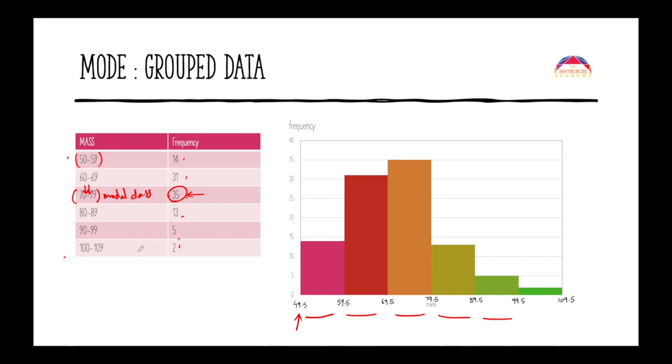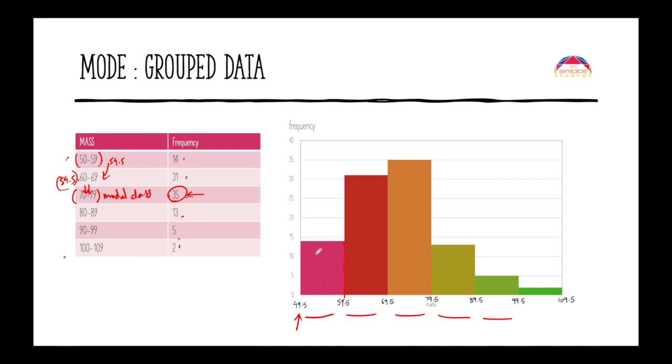So you can see here that this lower boundary is 49.5. This upper boundary is 59.5. This lower boundary is 59.5. So I have 59.5 being the boundary of these two classes.